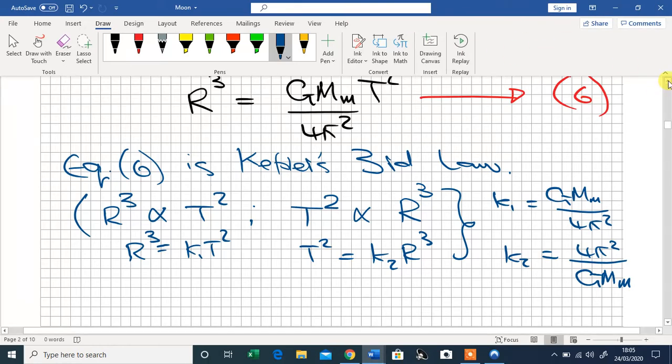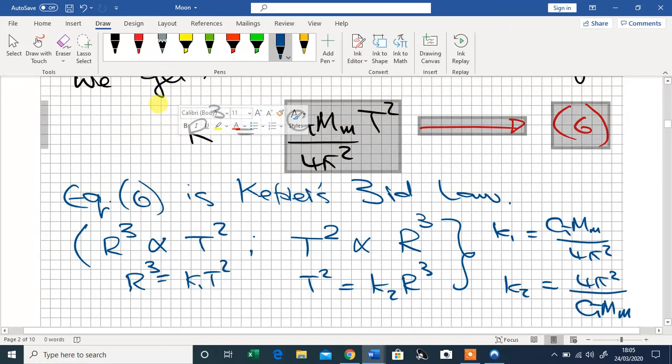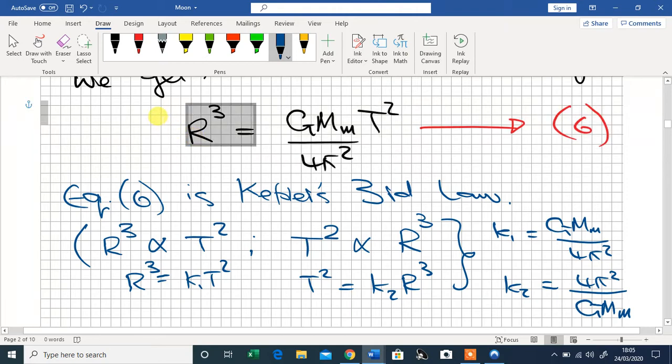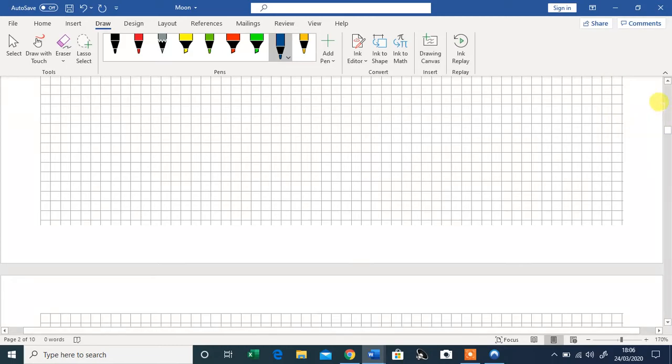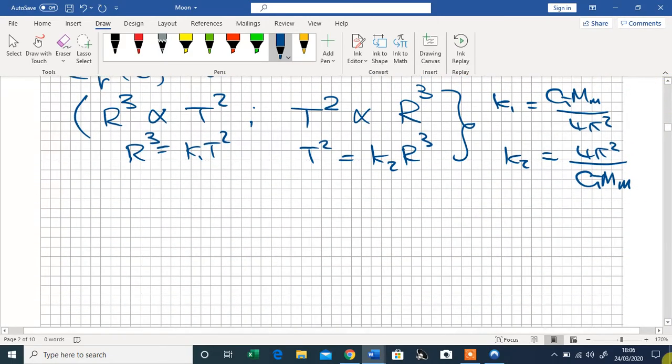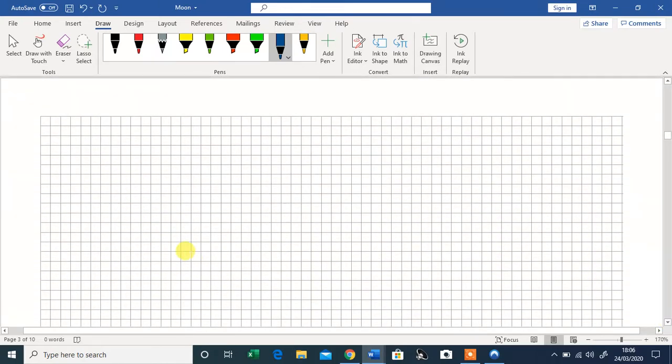Now, it should be fairly plain sailing to work out what r cubed actually is. So I'm going to copy this. I don't think the r cubed bit will be copied, but we'll go on to a new page because I want to be able to see that equation when I copy the values into it.